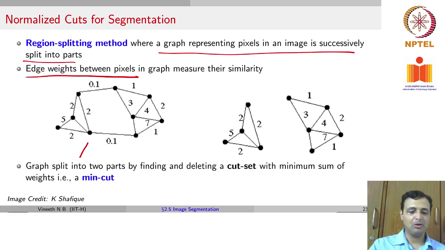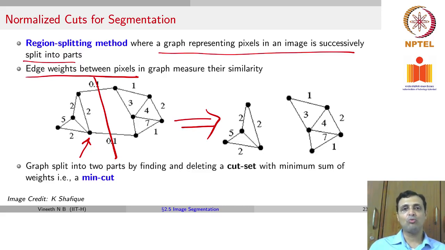So here is an example of such a graph that's constructed. The goal would be to find the min cut. We're not going to work out the entire math here. If you're interested, you can look at the references and learn more about it. But you try to find the min cut, which is going to give you two different regions as shown here. And when you remove those edges, you get the corresponding two segments, which is your original objective.